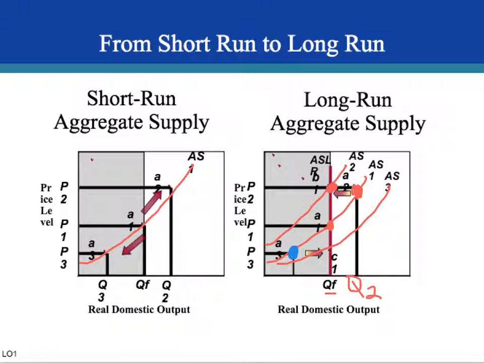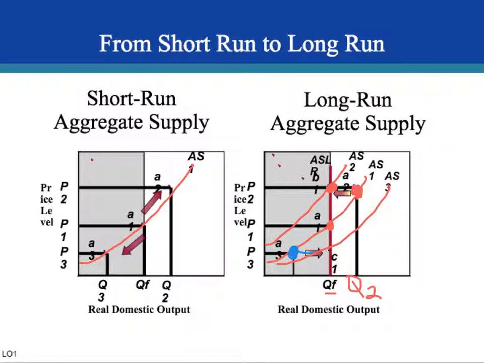Okay, and a lot of their inputs might be under a contract, and so they have to wait for that contract to expire in order for there to be renegotiation of prices. But in the long run, wages are flexible, any other inputs are flexible, the price of them is flexible, and so usually what will happen is input costs will fall. And so at that current price level, aggregate supply will shift to the right.